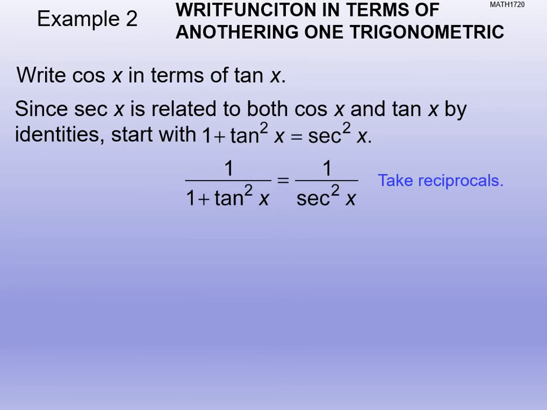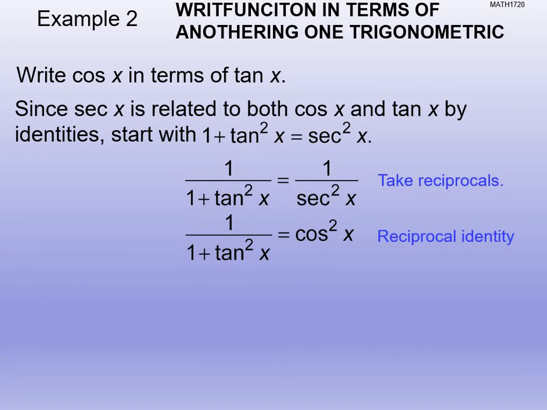So the only reason that we're taking the reciprocal of both sides, remember what you do to one side you can do to the other, is simply for saving some algebra steps. Okay? Because now I can rewrite 1 over secant squared x as cosine squared x using the reciprocal identity.